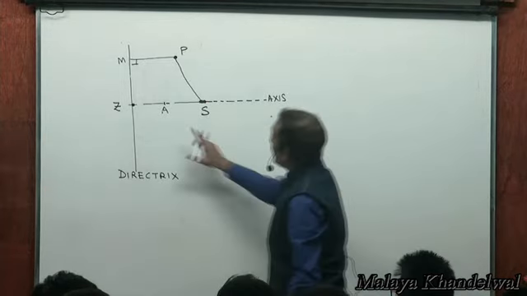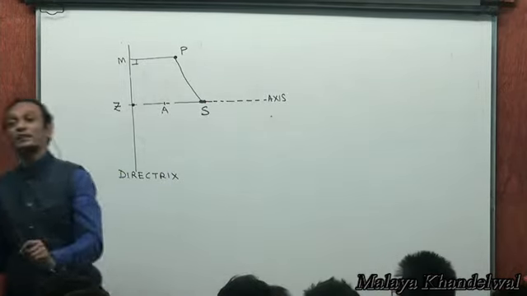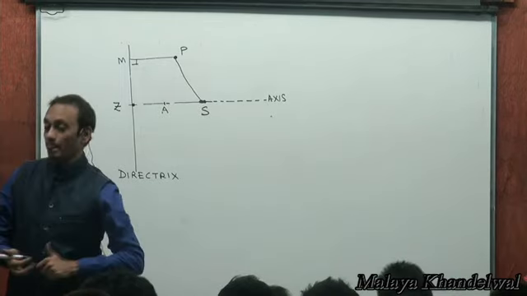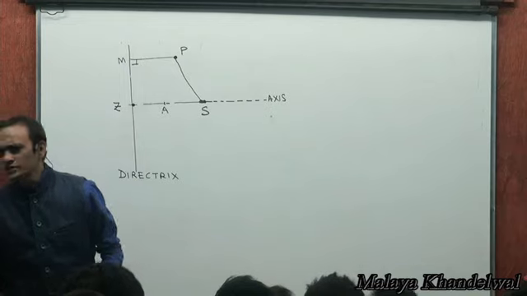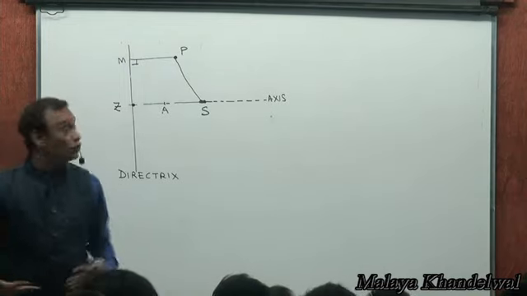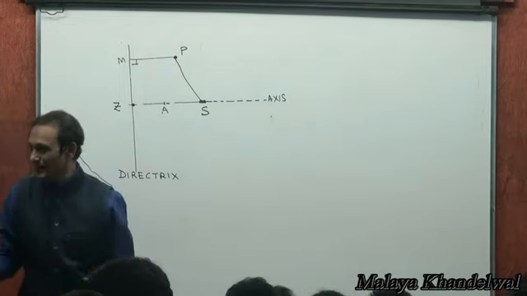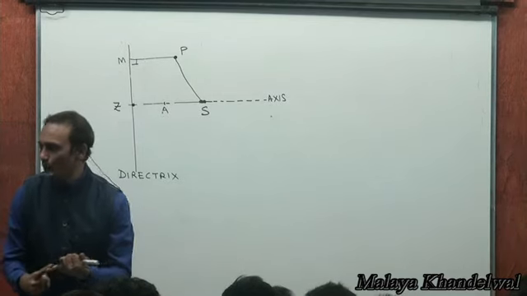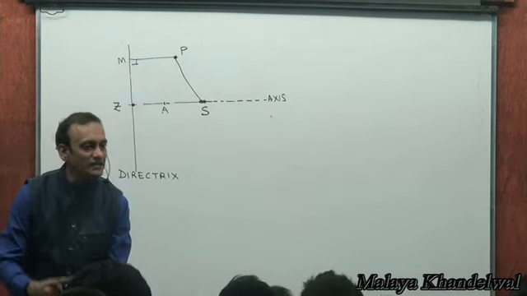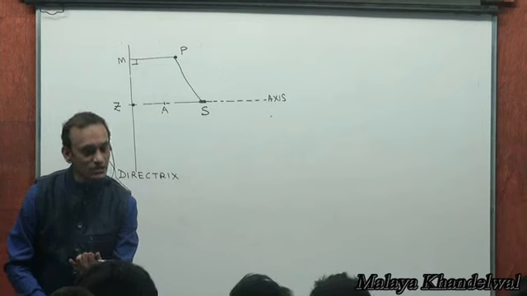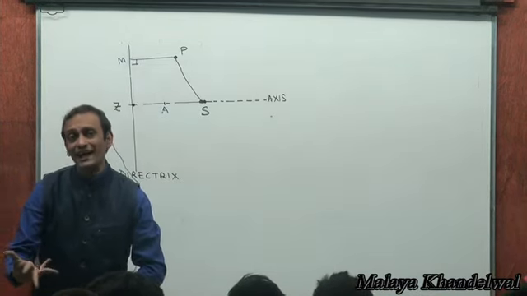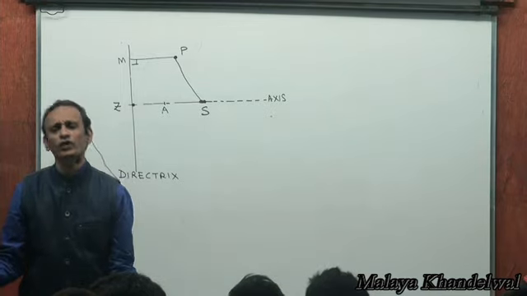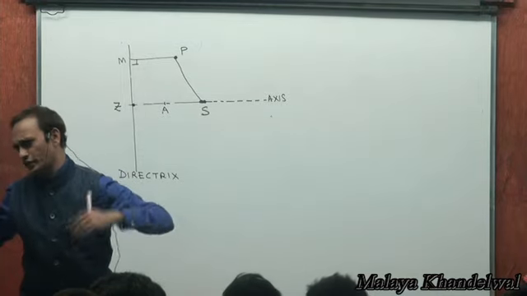Okay, A therefore is also a point on the parabola, the vertex of the parabola. I can choose to call A the origin of coordinates. Since I want to describe P algebraically, I would want to know what my origin of coordinates is, what my x-axis is, what my y-axis is. In line with that, the vertex of the parabola I am going to choose as the origin of coordinates.